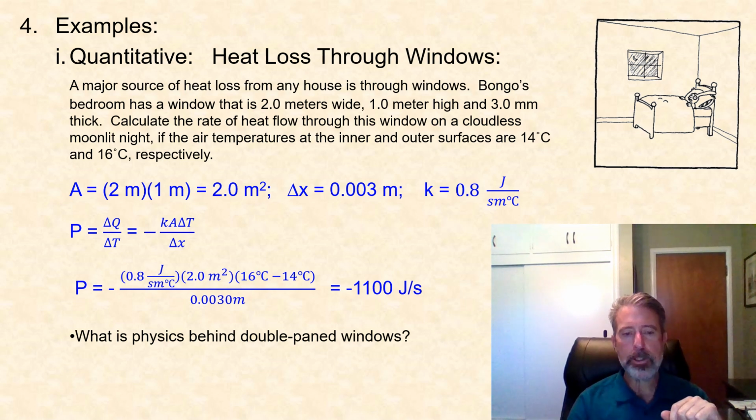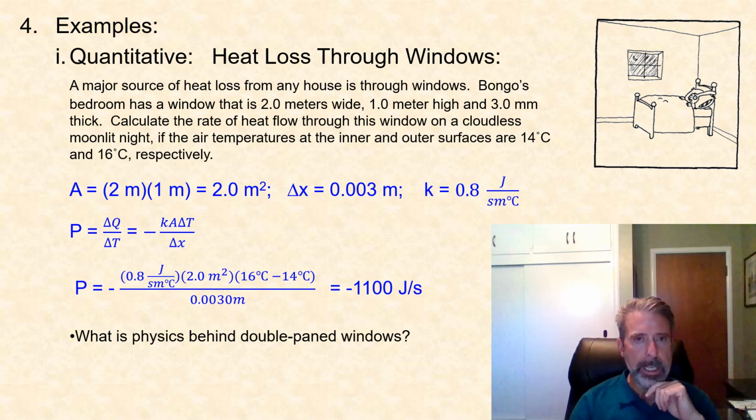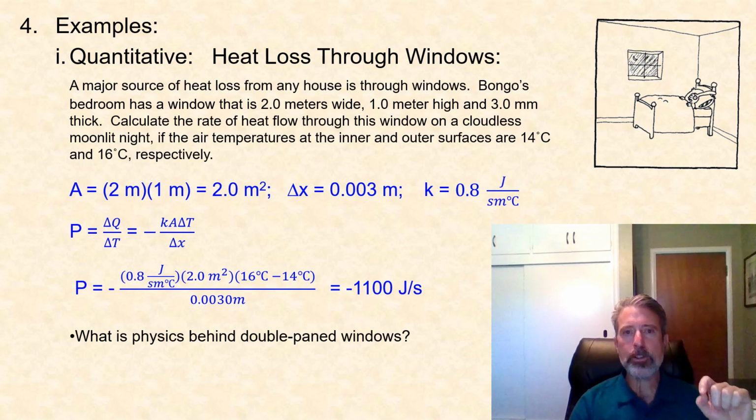Follow-up question here, what is the physics behind double-paned windows? Well, you see here that air acts as an excellent insulator, that's true, but whenever you have a little bit of wind, a little bit of airflow, the wind causes the air that is warmed to be replaced by the cool air.